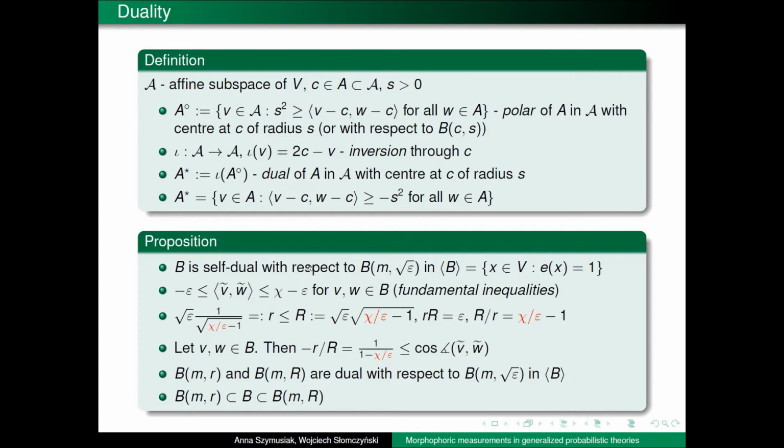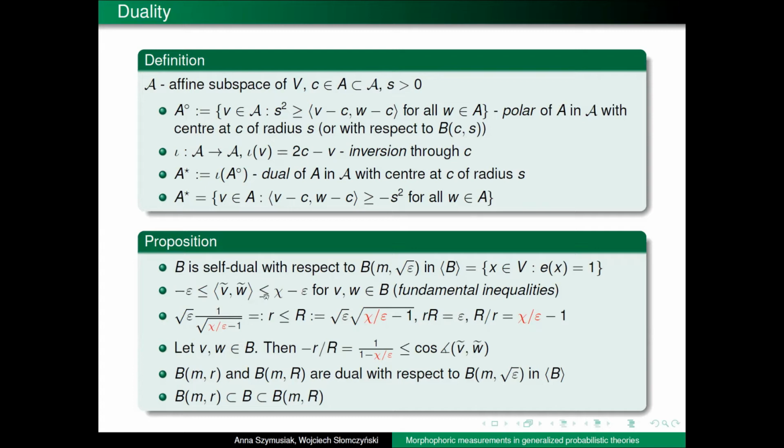With this operation, one can prove that the state space is necessarily self-dual, and this is a result of the self-duality assumption which we made at the beginning.